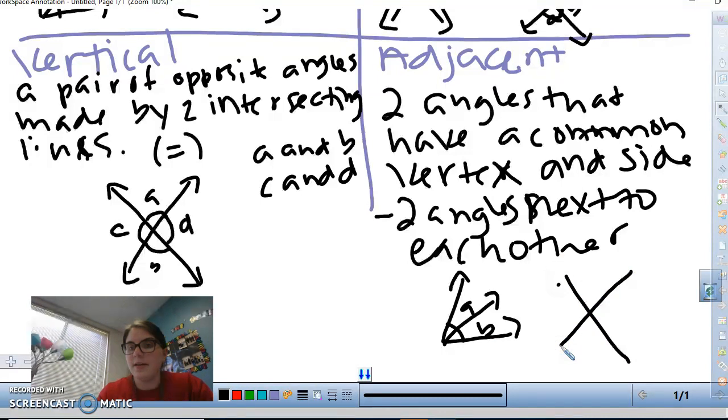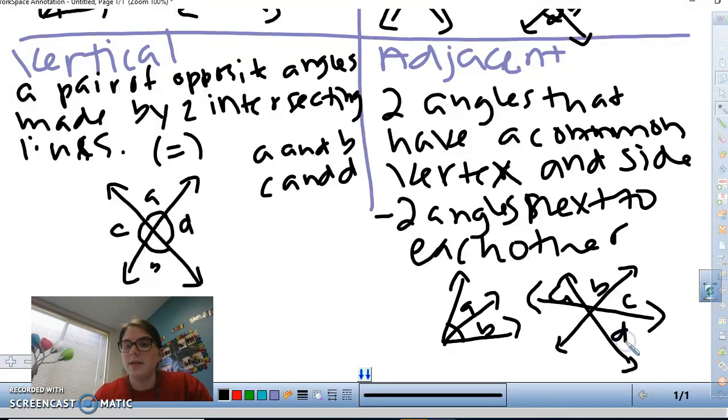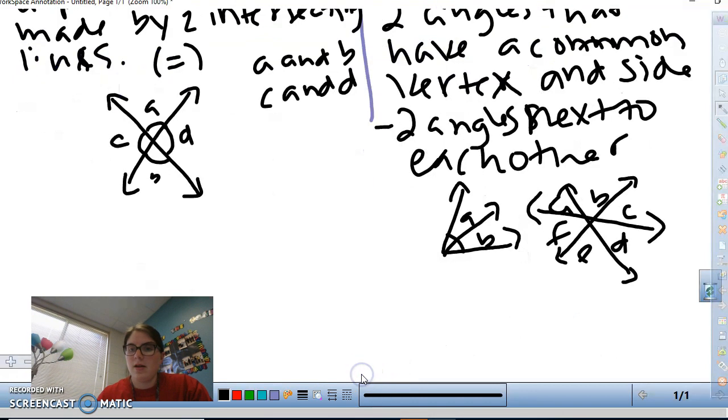If I had this right here, and I said angle A, B, C, D, E, and F. Well, angle B and C would be adjacent.